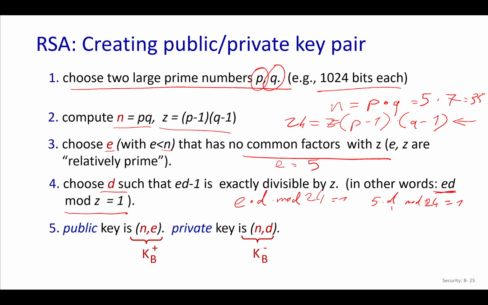There are some ways to do it. In the exams it's typically much easier, but in this case it's easy to compute, and if you have the slides later on, you'll see that d is 29.